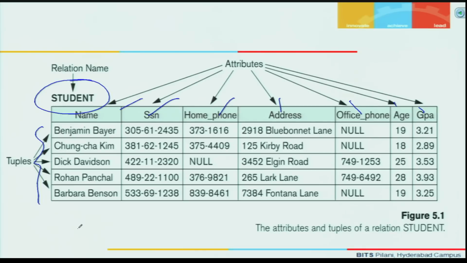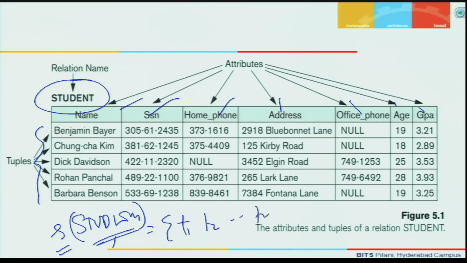This particular relation instance, I can give some name to that. I can call it smallest of student. What is this? Student is the relation. So this is an instance, this is the relation schema, which contains the 5 tuples T1, T2 up to T5. T1 is this one, T2 is this one, like this.